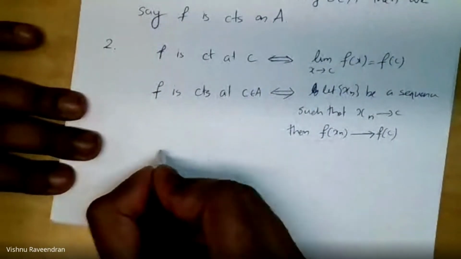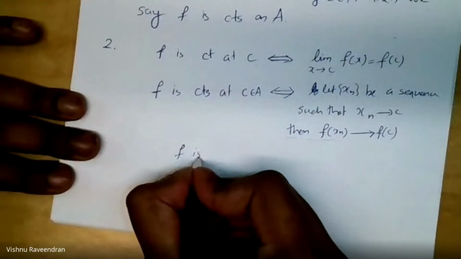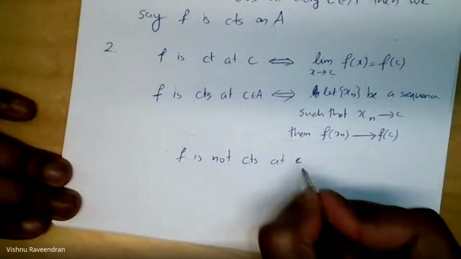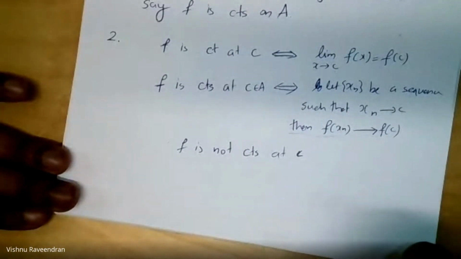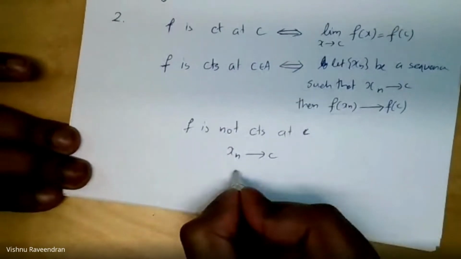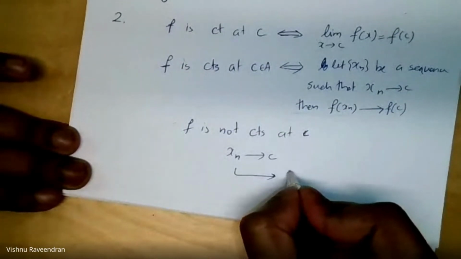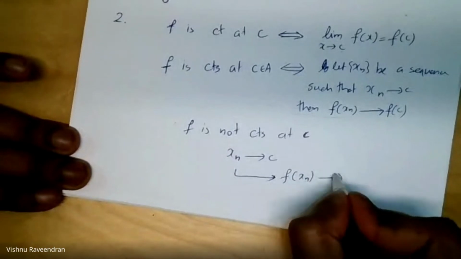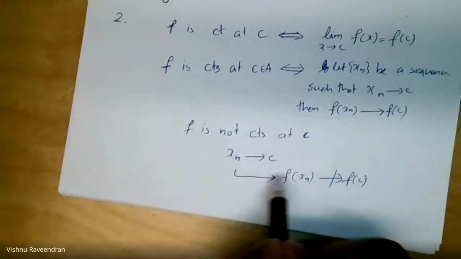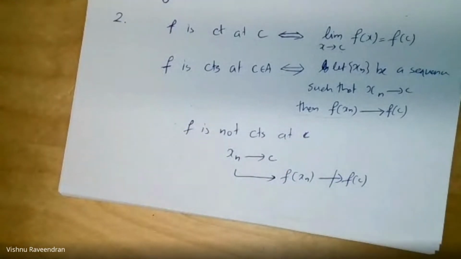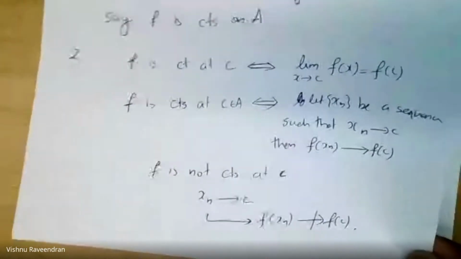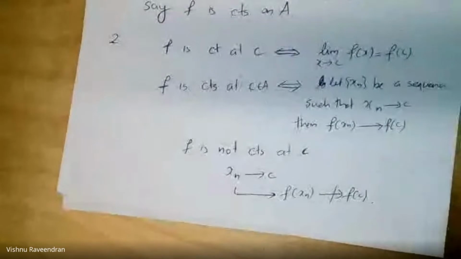For example, if you want to prove f is not continuous at C, one of the easiest ways is to find a sequence x_n converging to C and prove that f(x_n) is not converging to f(C). So this is one of the standard methods to prove f is not continuous at a point. Yes. So is there any question until now?